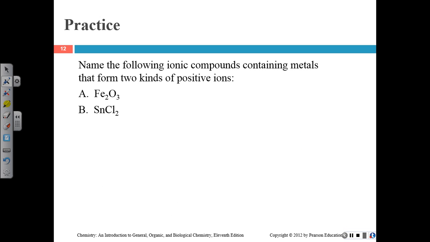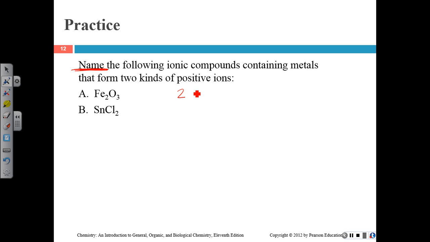Okay, let's name these. We'll do these together because we'll do some more practice at the end. First thing you have to do is recognize which classification, and we know that we're in classification 3 right now. We have iron and tin, both of which are transition metals and fall under classification 3. So the first thing we have to do is find the oxidation state when we are naming these in classification 3.